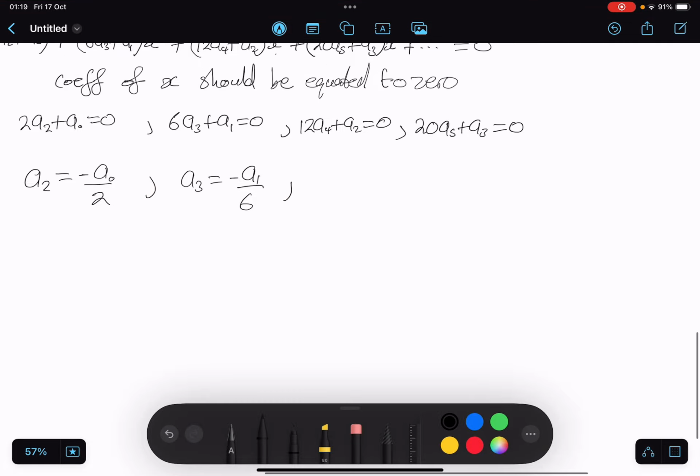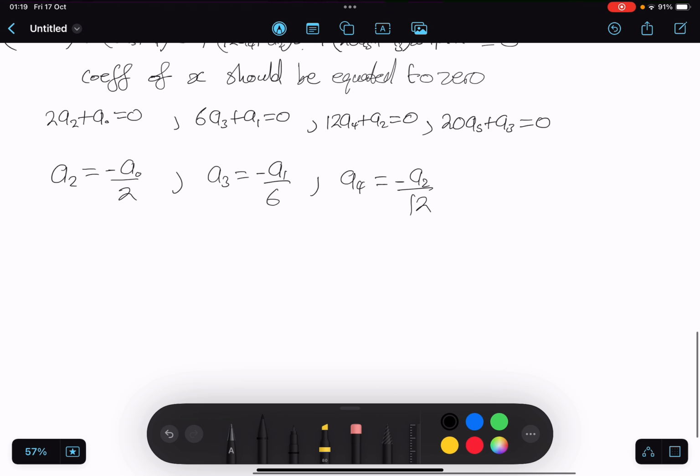And then here, the same thing, I'm going to make a4 the subject of the formula. So this is going to be equal to what? This is going to be equal to minus a2 over 12, right? But we know that a2 is minus a0 over 2.